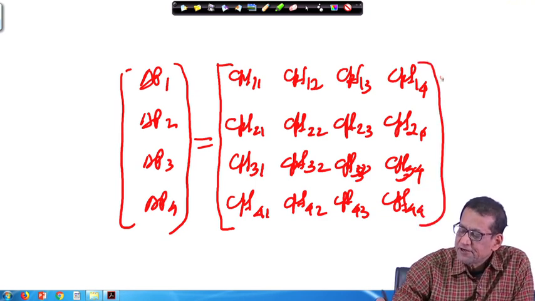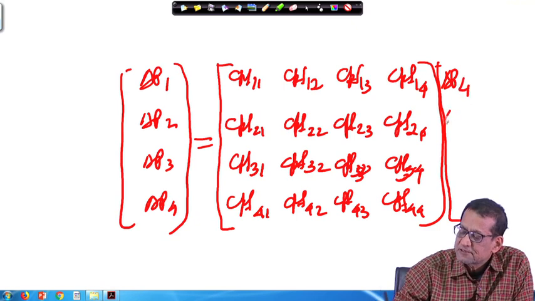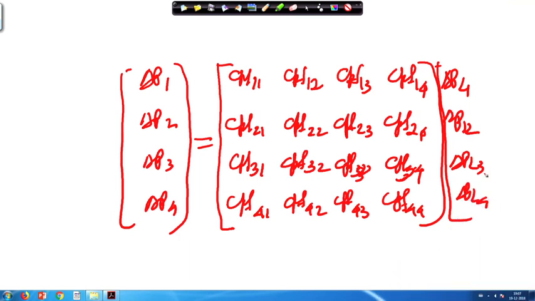This way you write it, multiplied by delta PL1, delta PL2, delta PL3 and delta PL4. So, this is the contracted power demand for GENCO 1, GENCO 2, GENCO 3 and GENCO 4.